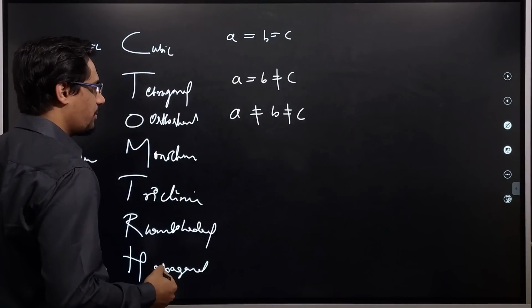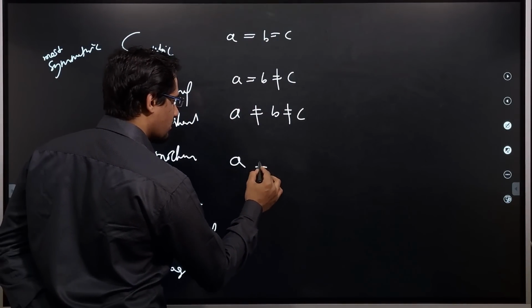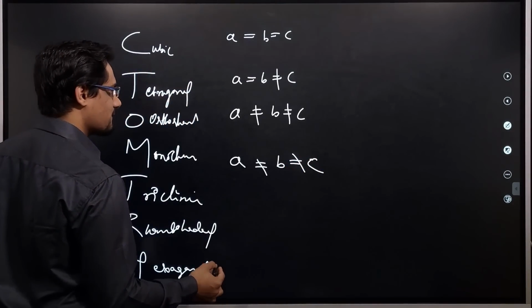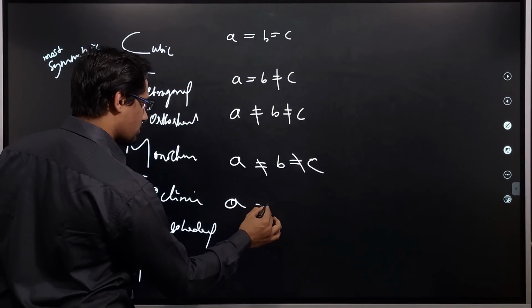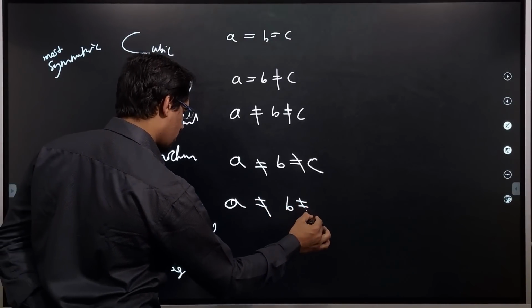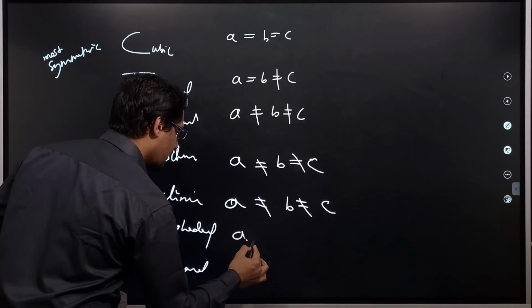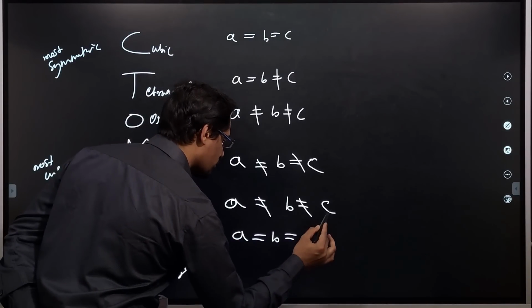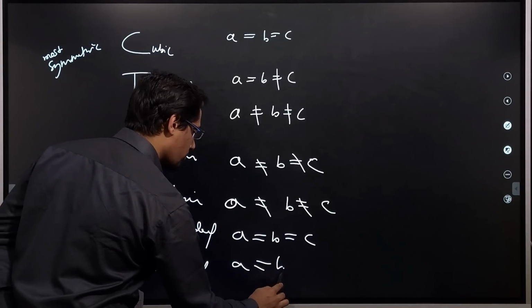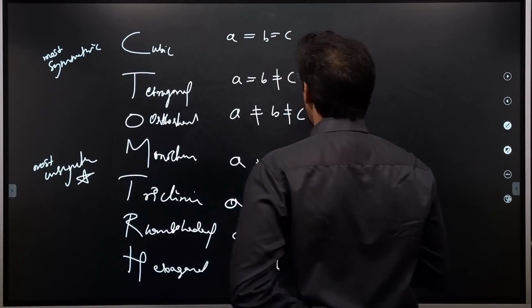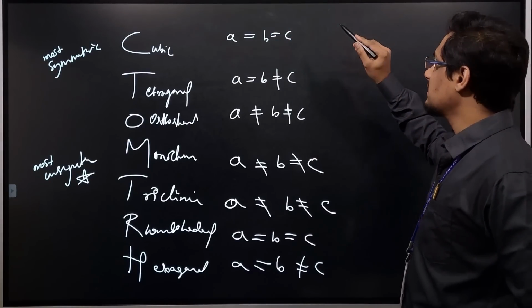Again, repeat the first ones: a equal to b equal to c; a equal to b which is not equal to c. These are the sides.